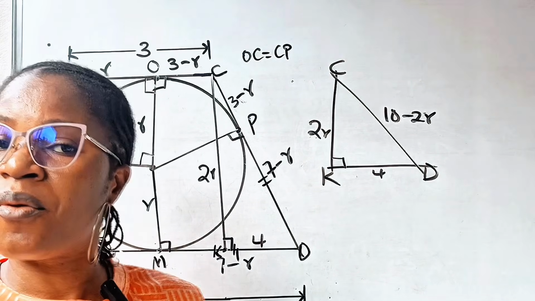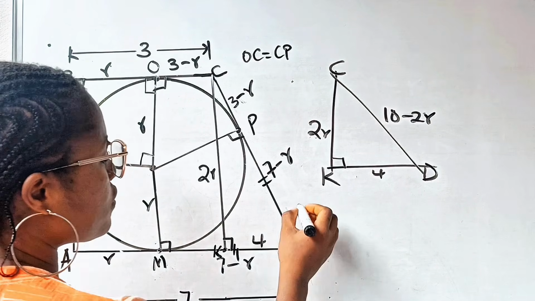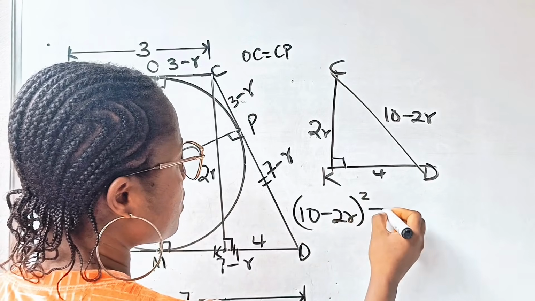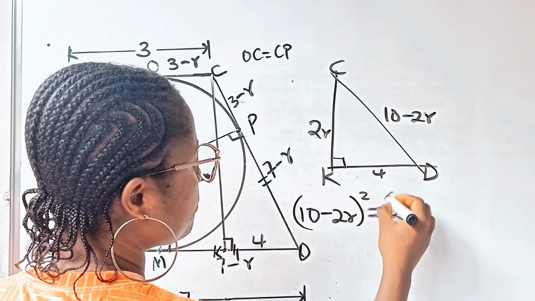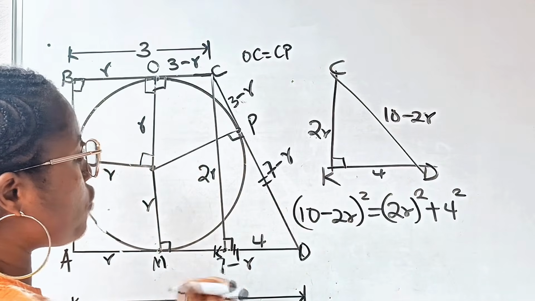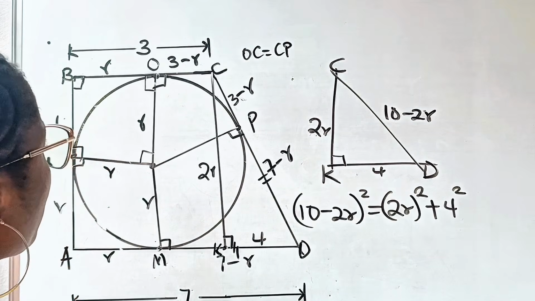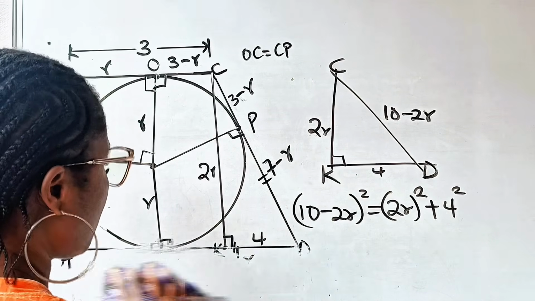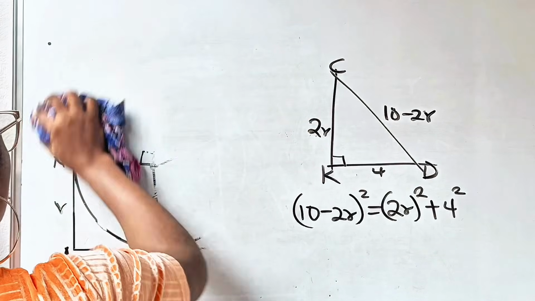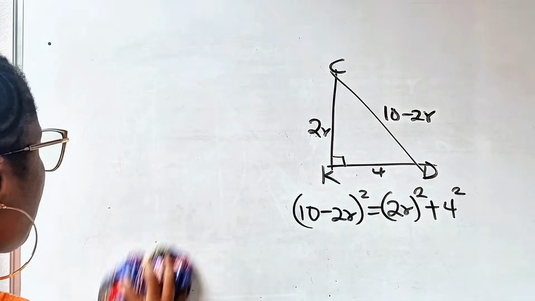Now using the Pythagorean theorem, we will have 10 minus 2R all squared is equal to 2R squared plus 4 squared. So if we expand this, I think we are done with this diagram. Yes, with this we are going to get our R. So let's clean this and drop our R. That will give us space to work with.